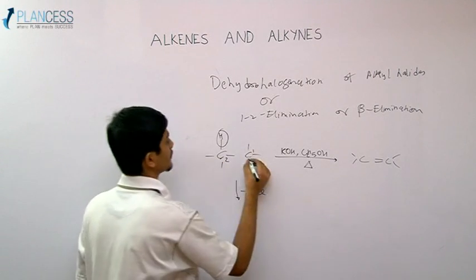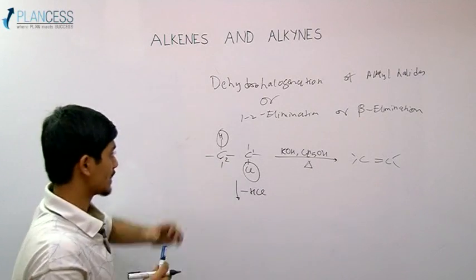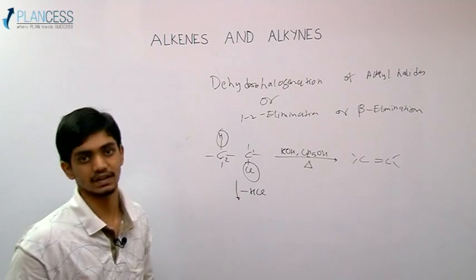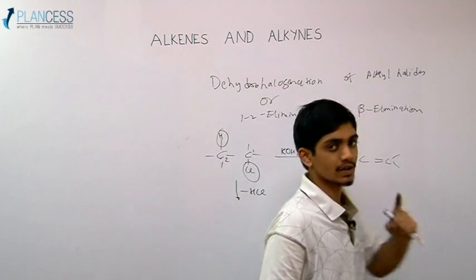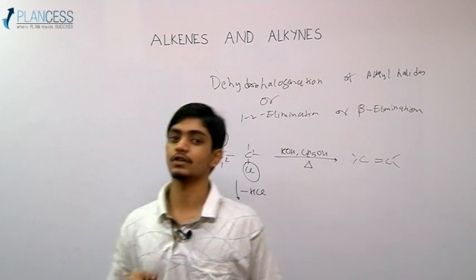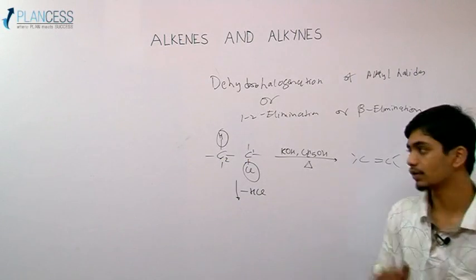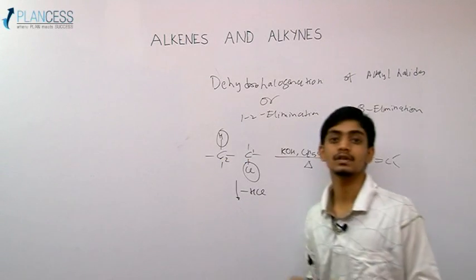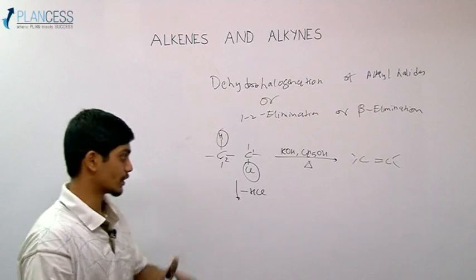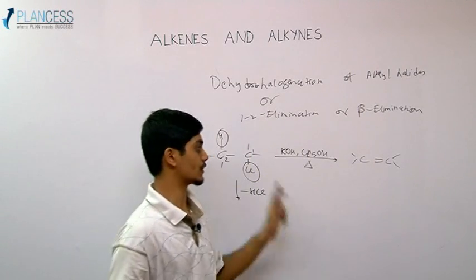That is, if the halogen is present on the first carbon, then the hydrogen will be taken from the second carbon, and this is a very, very important condition for this elimination to take place. Otherwise this elimination cannot take place and this reaction will follow some other path and give you some other product. This is not the only product which is possible with this set of reactants, with this set of reagents.